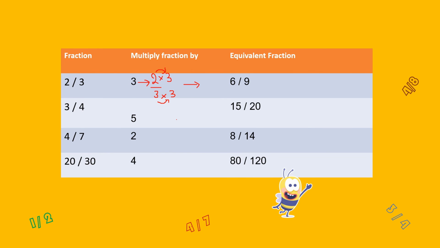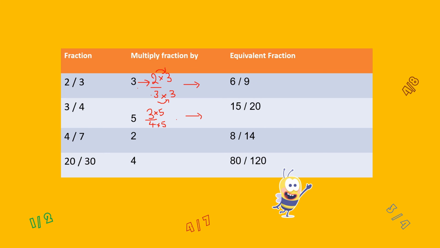In this table, you can see some fractions for which I have calculated their equivalent fractions. I have calculated the equivalent fraction for 2 by 3. I am just going to multiply the numerator and denominator of 2 by 3 by 3, which gives me 6 by 9. And for 3 by 4, I'm going to multiply by 5, which will give me 15 by 20.